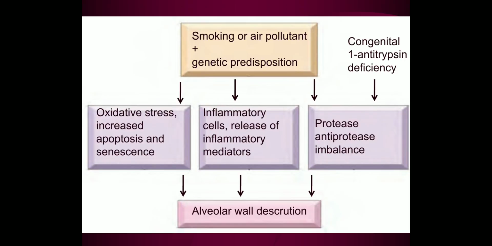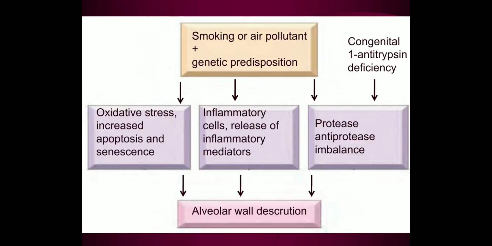Also there is another thing which is important in emphysema, that is protease antiprotease imbalance. What is this thing? You know that normally there will be a lot of proteases in our body. Normally you have a lot of enzymes which destroy the proteins, like elastic proteins of the alveolar wall. There will be elastic proteins in the alveolar wall which help in stretching of the alveoli when it fills during respiration.